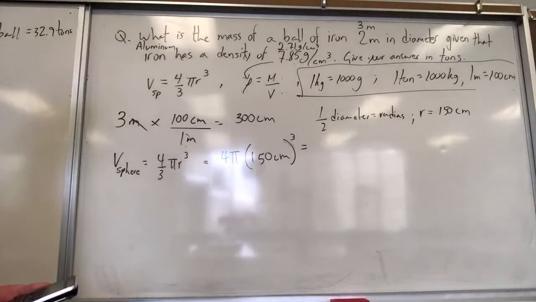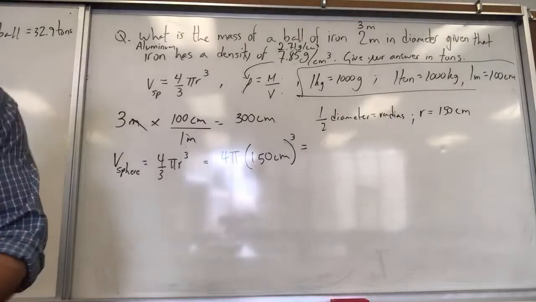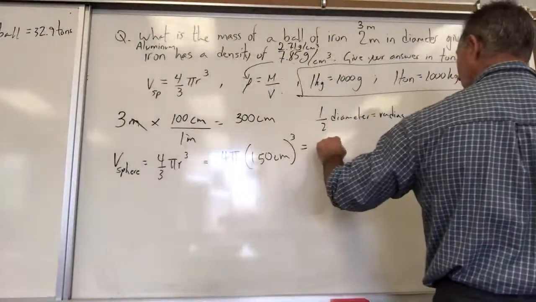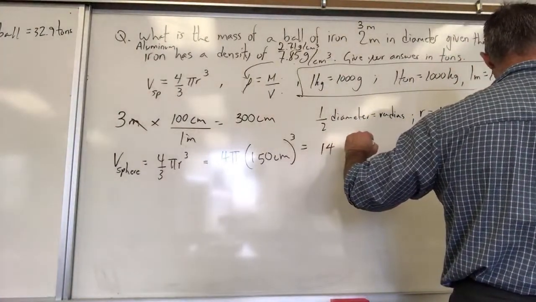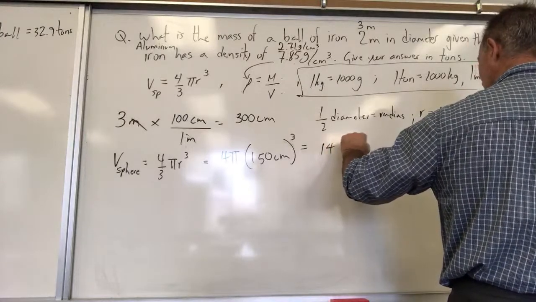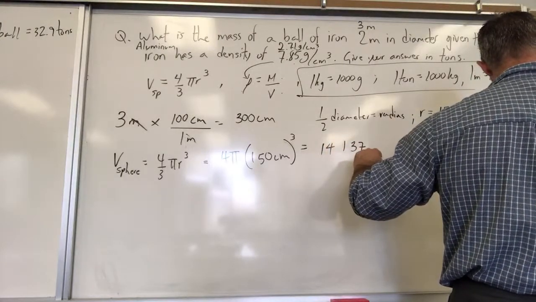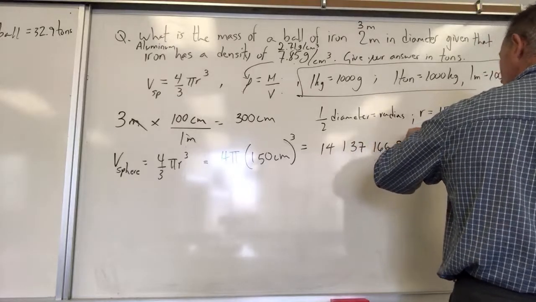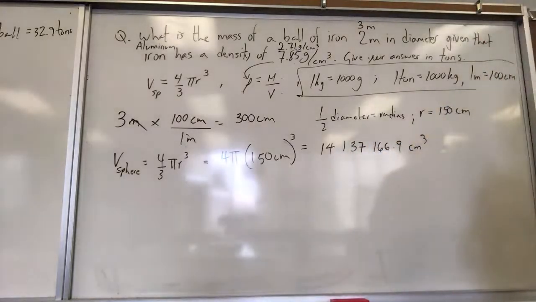Multiply that by pi, times 4, divided by 3, and here we go. The answer you get is 14,137,166.9 centimeters cubed. That is the volume of the sphere made of aluminum.